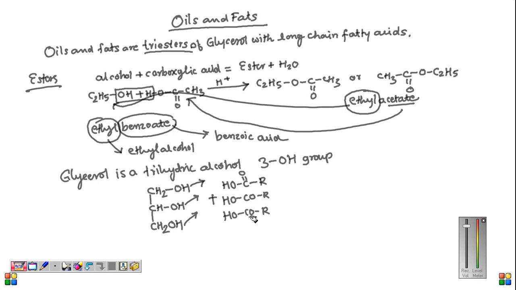When they react, all three OH groups of glycerol are esterified with the long chain fatty acids, forming an ester. This is a triester.